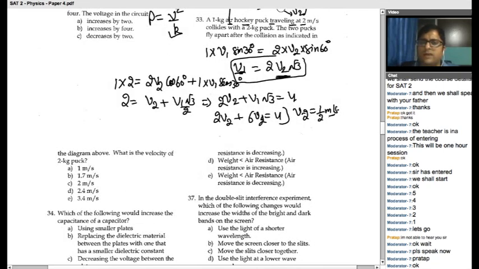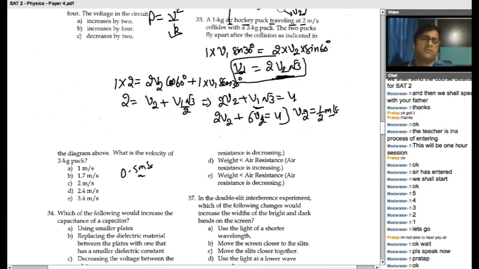So what I have done, I have put the value of V1 from here. So it is 2V2 root 3, which means 2 into 3, that is 6V2. 6V2 plus V2 is 8V2. 8V2 is equal to 4. So V2 is equal to 1 by 2. But I am not getting that as the answer, so there might be some mistake. Yeah, the answer is 0.5 meter per second.